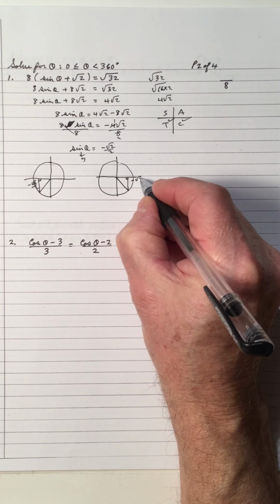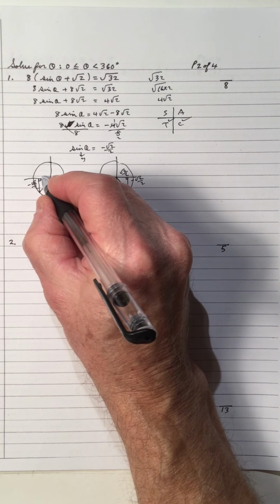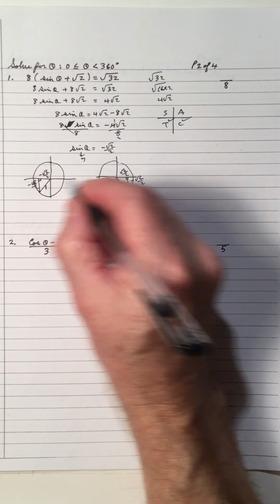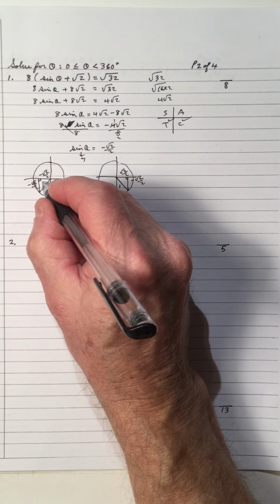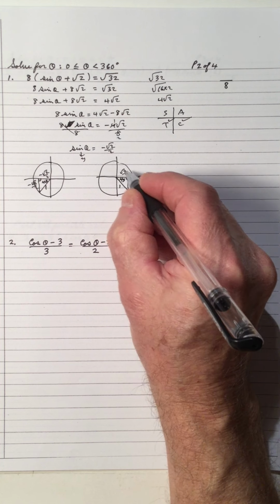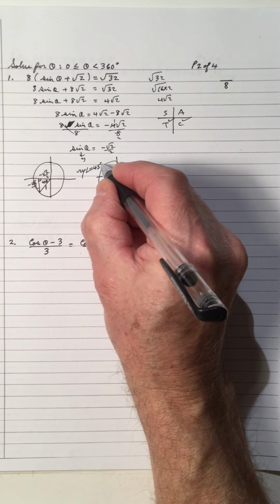The x is root 2 over 2, and here the x is negative root 2 over 2. The hypotenuse is 1, so we have a 45 right triangle, so the reference angle is 45 degrees.